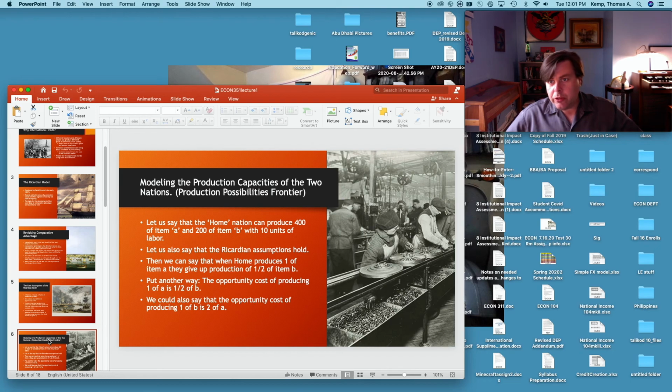Okay, so let's throw some numbers at this and see how the model works. As we go through this, I want you to do this on a piece of paper. I'm going to walk through this slowly. I'm going to talk a fair bit, and as I'm talking, you should be working on this and listening a little bit in the background.